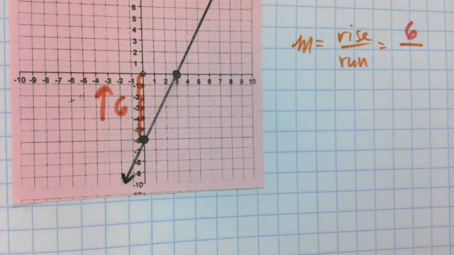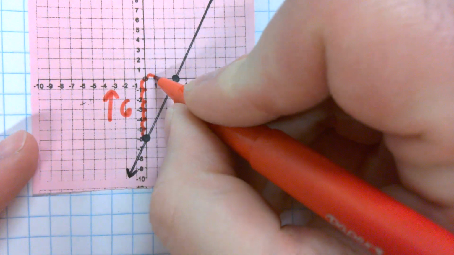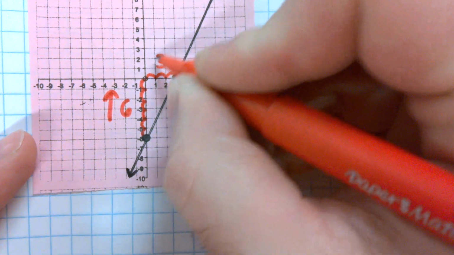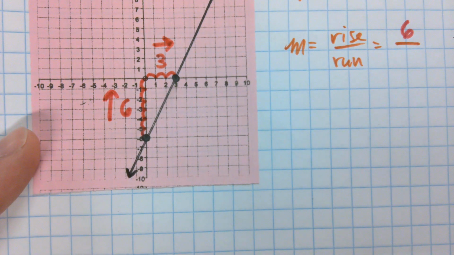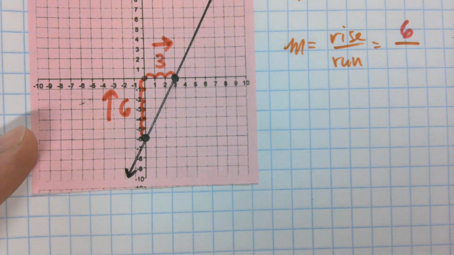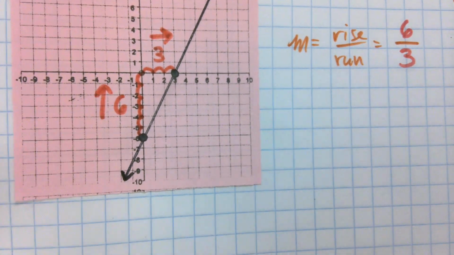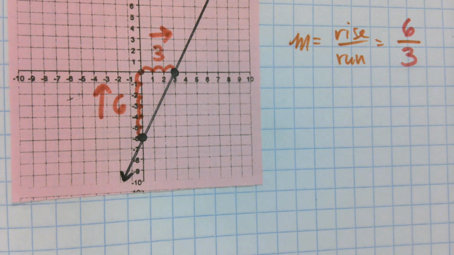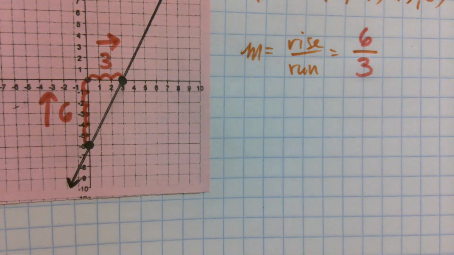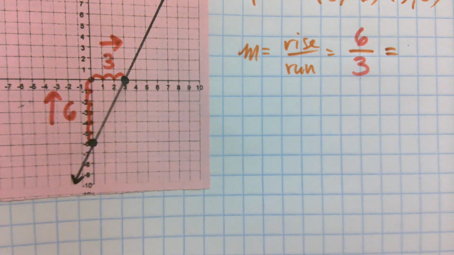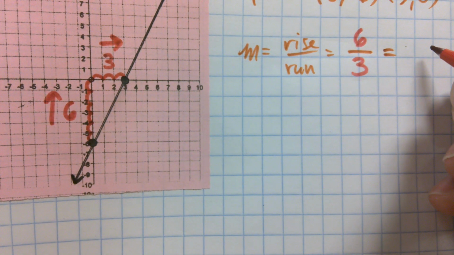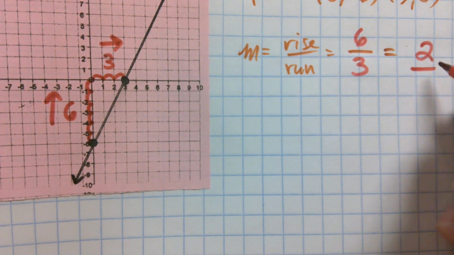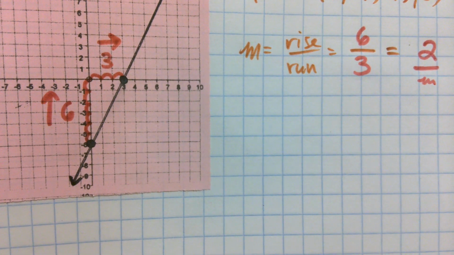Now I'm going to run to the right. We always run to the right. 1, 2, 3 spaces to the right. So my denominator here will be 3. Rise over run gave us 6 over 3. 6 over 3 simplifies to be what? 2. Boom. That's my m.